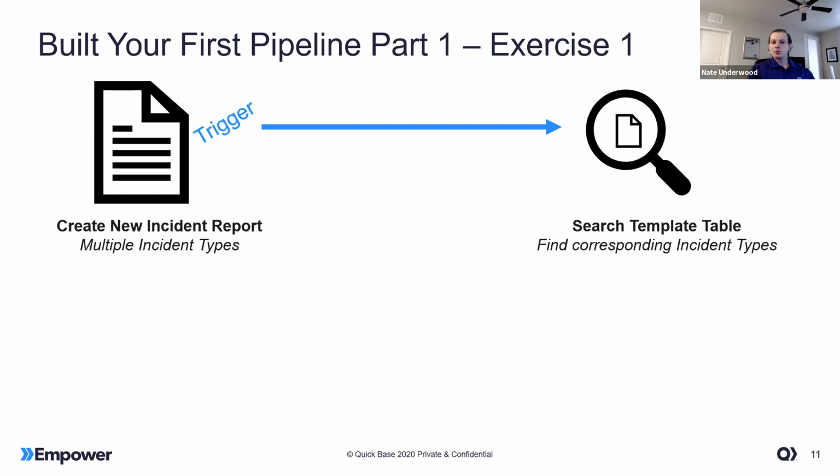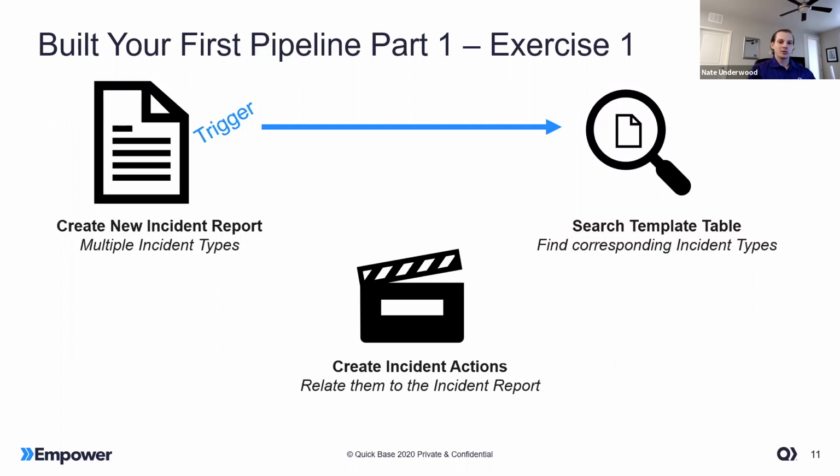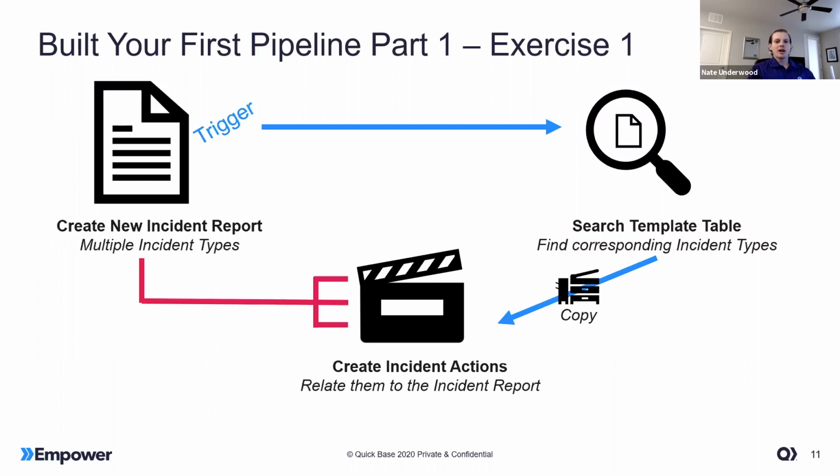When we create those actions, say we file a material spill incident report, we're only going to want to find those templates that are of the same type, material spill. Then we copy the values of those to our incident actions that we just created. The last thing we want to do is relate it back to that report that triggered this entire process.